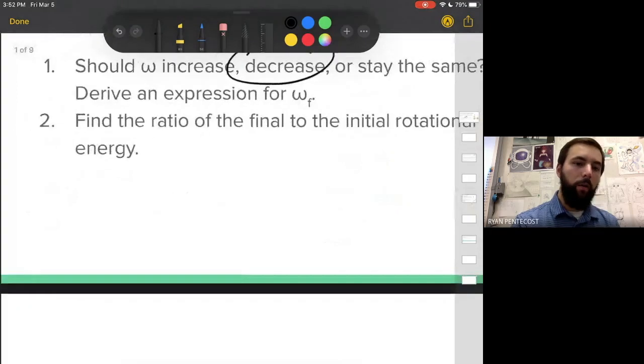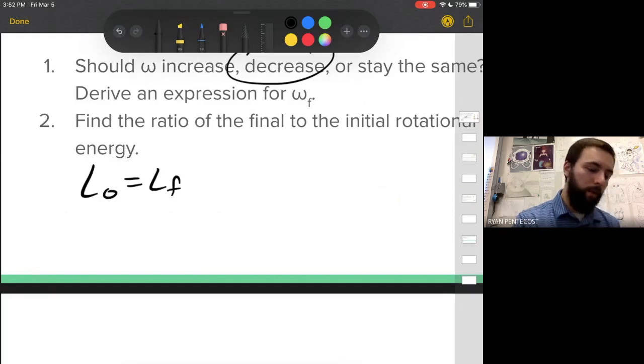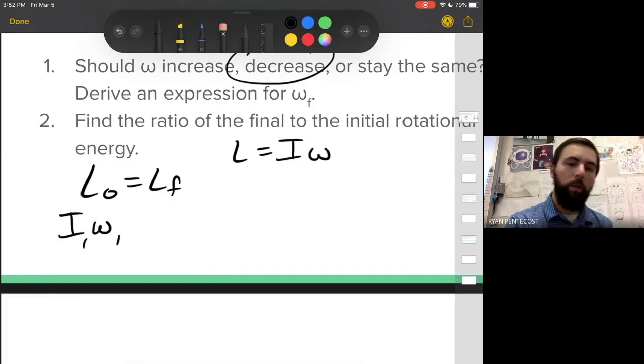So our expression is that we'll start with L initial equals L final. You've got I1 omega 1, because angular momentum equals the moment of inertia times the angular velocity. That's the initial angular momentum, because the second cylinder isn't moving.